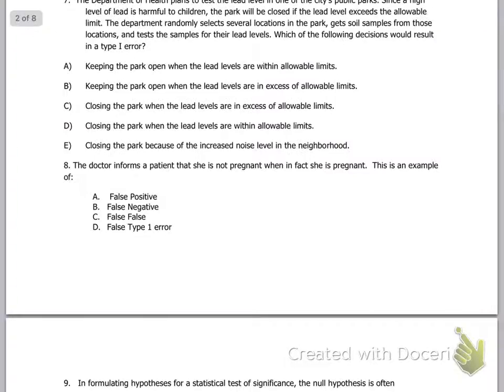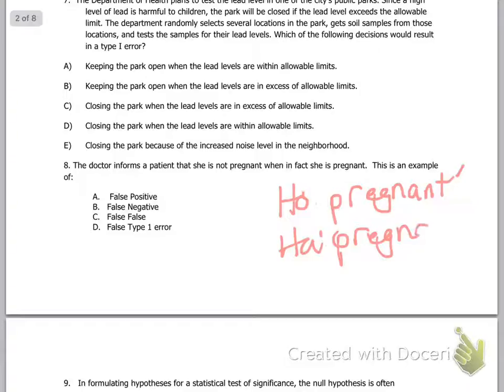Okay, let's do 8. Whenever you look at a female, you assume that she is not pregnant, and HA would be that she is pregnant. Now they want to know, a doctor informs a patient that she is not pregnant when in fact she is. So what do we know here? That H0 is true, but we go with HA.